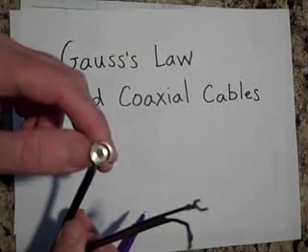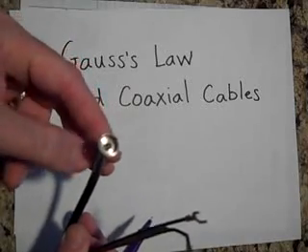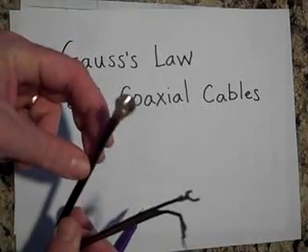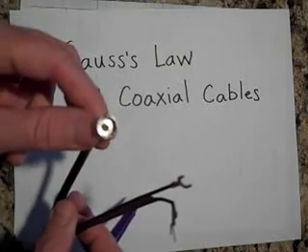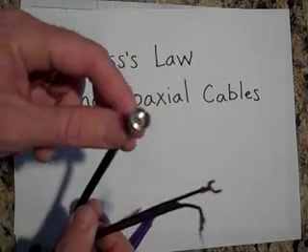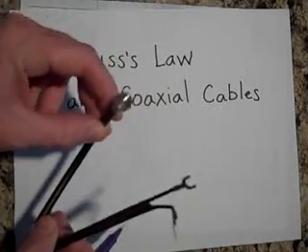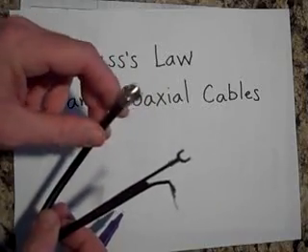Now we're going to say there's air between the center wire and the outer wire, but really there's some plastic or something. That's how they are able to keep the two from touching. It'd be really tough to do if there wasn't plastic there.